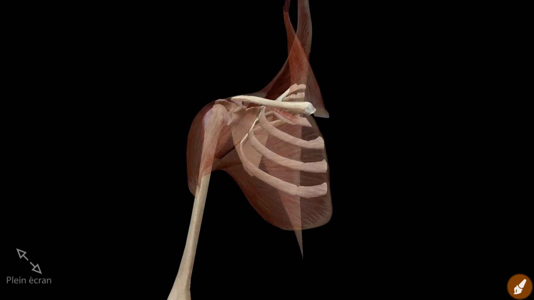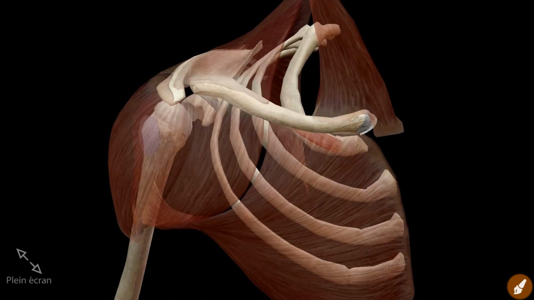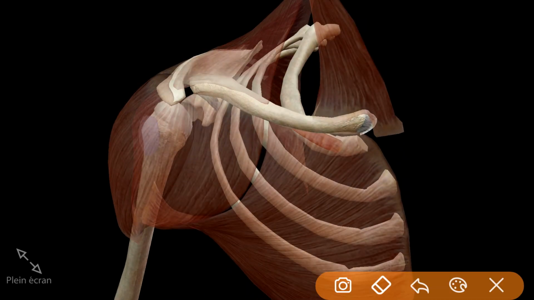The anterior border of the clavicle, its medial two-thirds are convex and thick. However, its lateral third is concave.